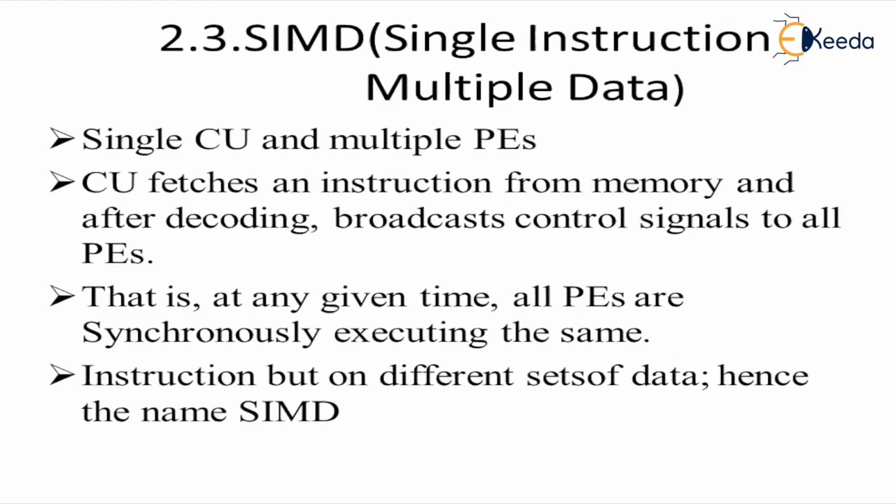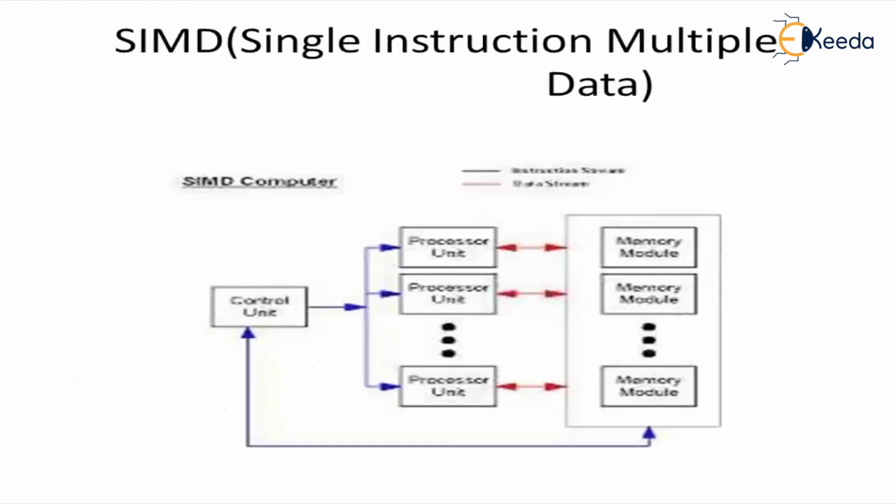So here the instruction is executed on different sets of data. That is the reason it is called SIMD. This is the architecture of a SIMD processor. It has a control unit connected to the processor unit, and the processor unit is connected to the memory.